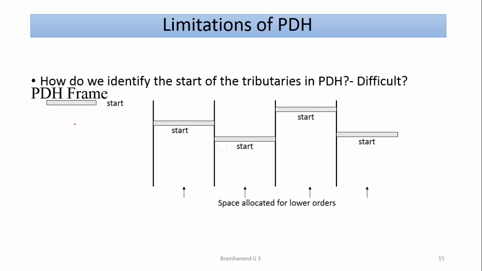We know that because of the framing byte, somehow we can find the start of the beginning of the frame. But it is very difficult to know the beginning of the tributaries. Say for example, I have a 140 Mbps link running.